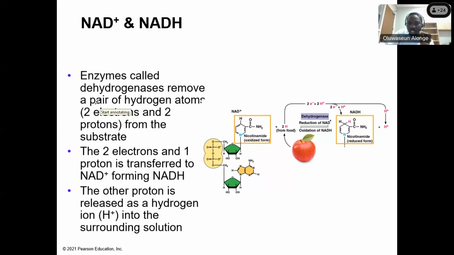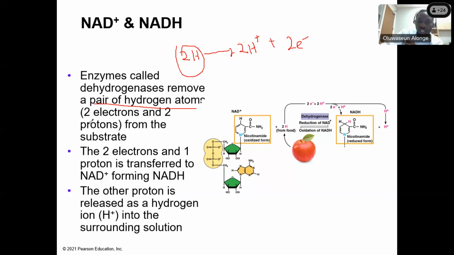A pair of hydrogen atoms means 2H because H is a hydrogen atom. So 2H means 2H plus 2E minus.